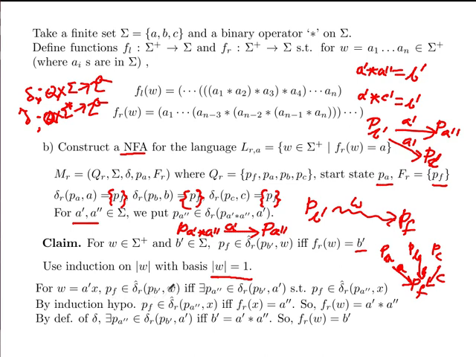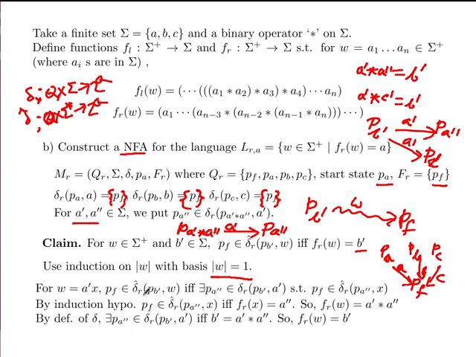But what does this mean? If we break this W into, say, A prime and then X, what does this mean? So then it means that you are taking a single step transition from this, say, PB prime. So you are making this transition. So then you can go to multiple states, but there is some state between the possibilities that is given here. So there is some state called PA double prime, such that from this state, if you process this X, then you can reach this PF, right?